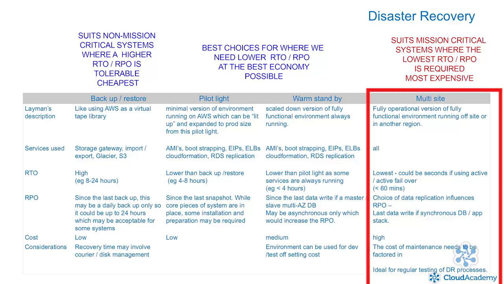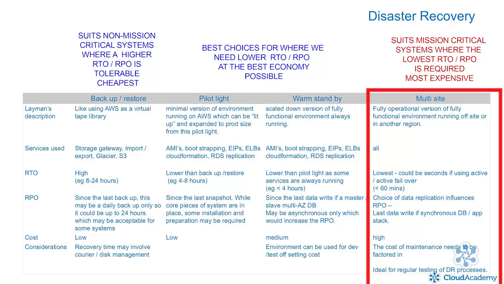And the fourth option is multi-site, where we have a fully operational version of our environment running in AWS or in another region. And that's likely to give us our lowest RTO simply because it could be a matter of seconds if we're using active-active failover through Route 53. Our recovery point objective, likewise, will be significantly lower than other options.